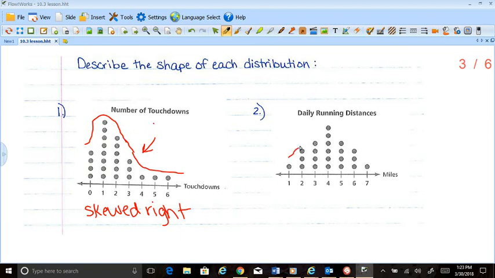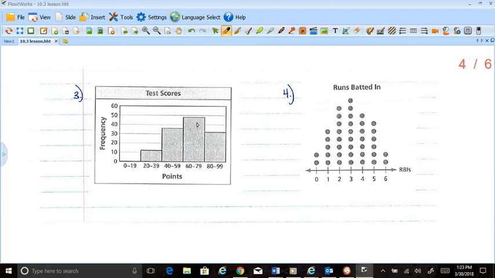This one, if we draw our hill, looks pretty much the same on the left as it is on the right, so this one would be symmetric. I usually start my hill closest to the peak and then draw it out. The last thing I usually do is the tail, unless it's symmetric, and then you can start on either side. Here the tail comes down to the left, so this data is skewed left.